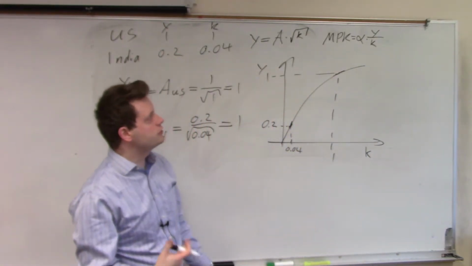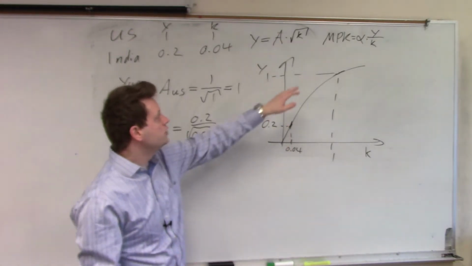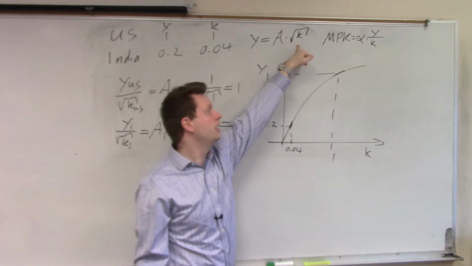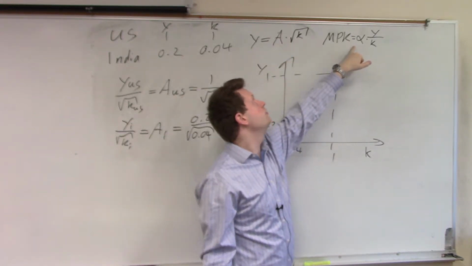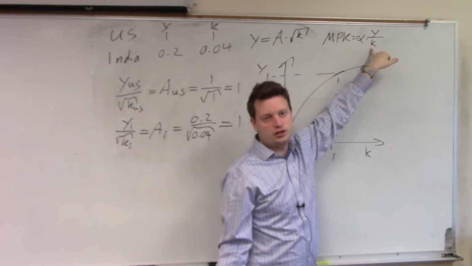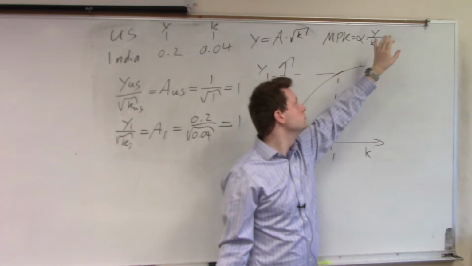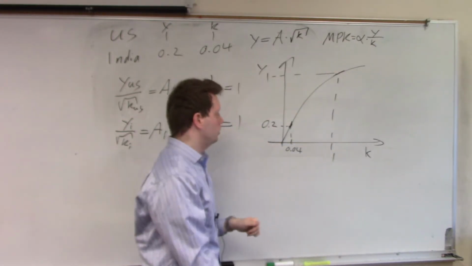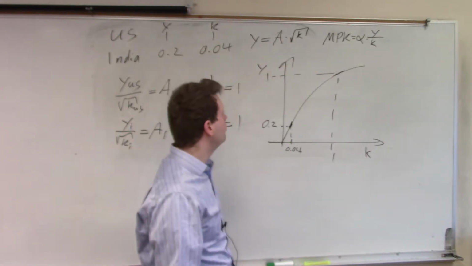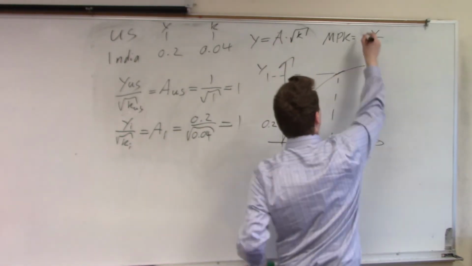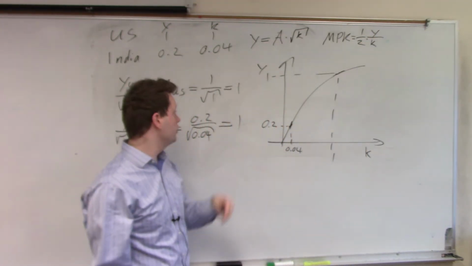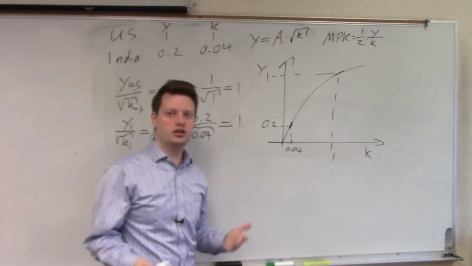You can plug in also the numbers for Y and K. So if you plug in Y here, then you will get A times square root of K. So what you would get is alpha times A times K to the minus 1/2 in our case. If we replace the alpha with the one we have, we get 1/2 times Y over K. And now we can calculate MPK for both countries.